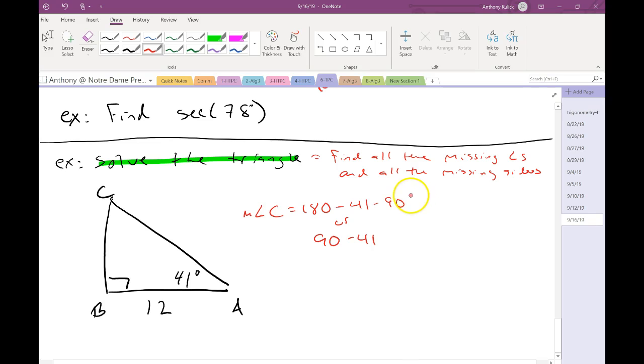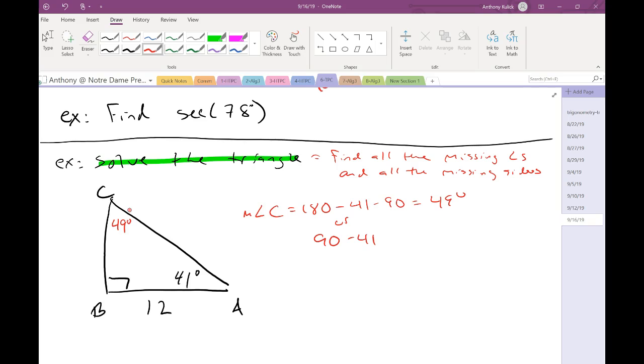What Lexi used there was called the triangle sum theorem, that says that the interior angles of our triangle add up to be 180 degrees. So that's where the 180 comes from. Or you can use the corollary to the triangle sum theorem that says in a right triangle, the two acute angles add up to be 90 degrees. Either one is fine. It doesn't really matter how you get it, just that you get that C is 49. Everybody happy with that?